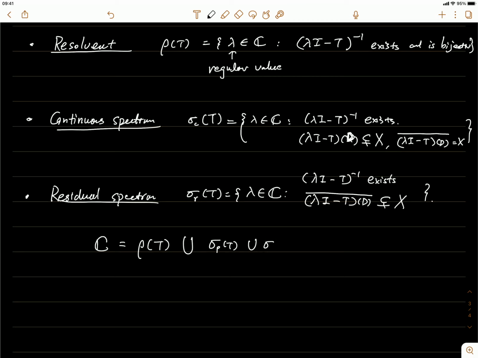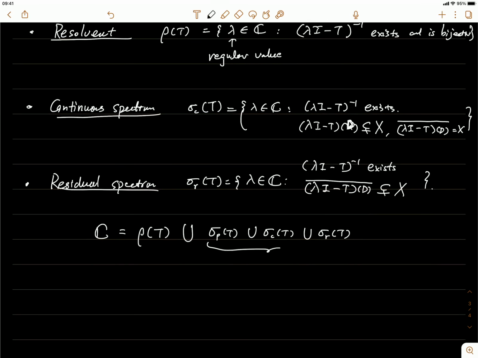Then you have sigma c of T, a collection of lambda such that this happens. And lastly, you have sigma r of T, which is the last case. The union of these three is called the spectrum of T, so we use just sigma of T.